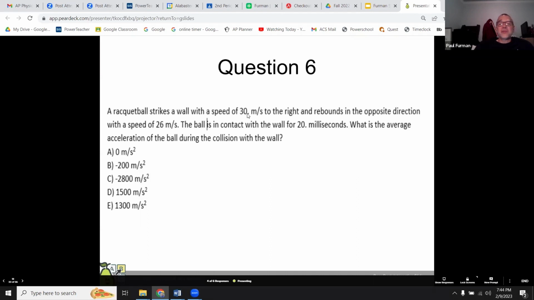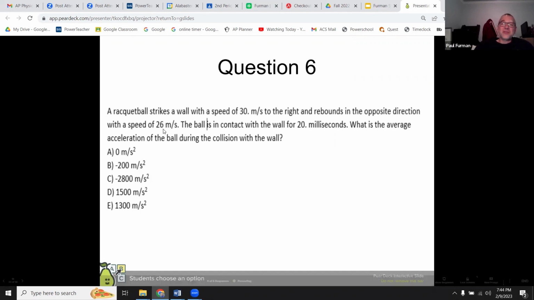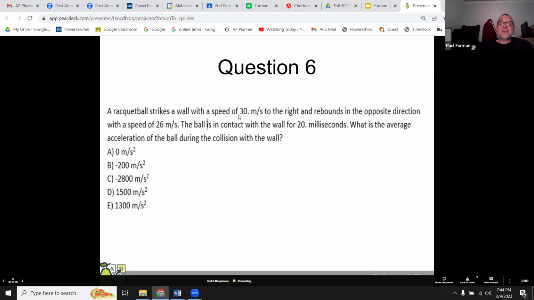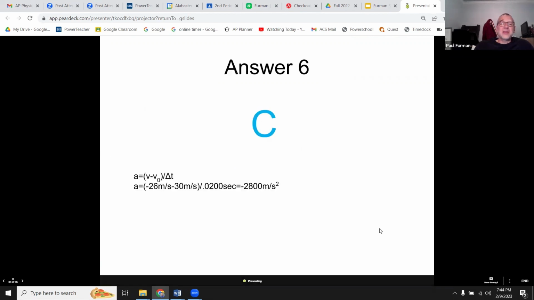So your initial velocity is positive, your final velocity is negative, and your change in velocity is final minus initial. It ends up being negative 56 meters per second divided by the 20 milliseconds. So the correct answer is negative 2,800.